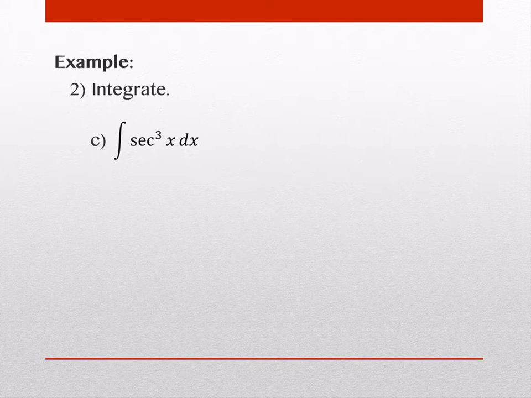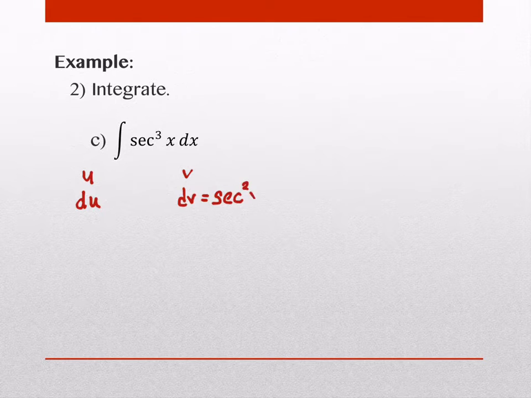All right, so let's take a look. We've got u du, and then v dv, and they told me that dv has to be the secant squared of x dx. So what would u have to be? Secant of x. Okay, what's the derivative of secant x? Secant x tangent x dx.